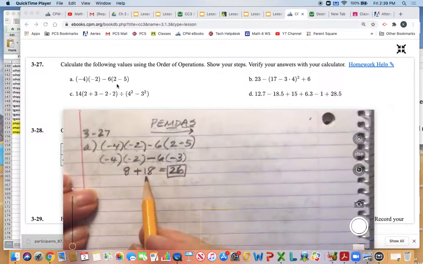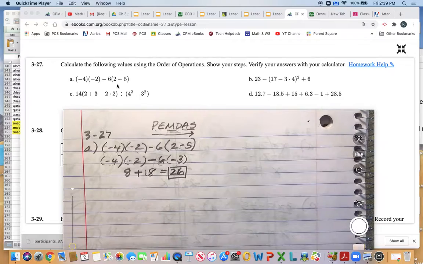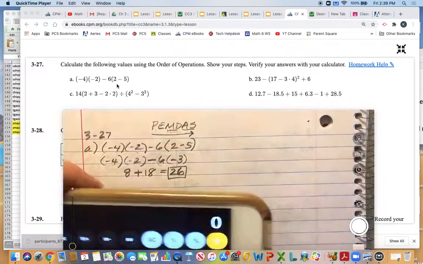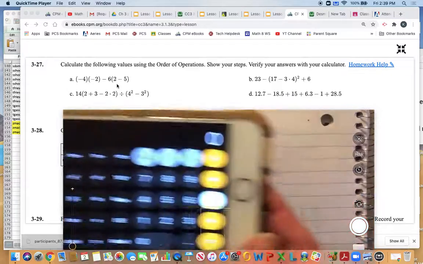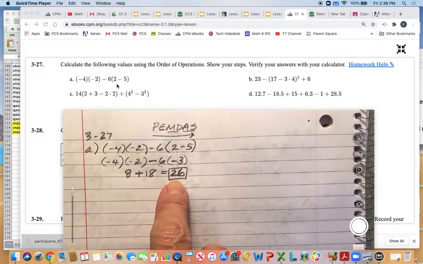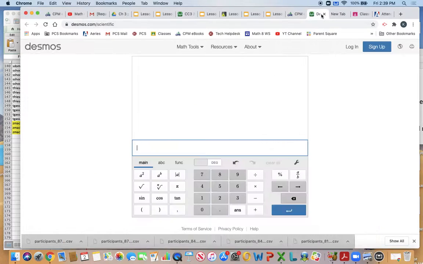And we can verify this by using a calculator. Now, if you use the kind of calculator that you might have on your phone, you're still going to have to be careful about order of operations. But we also have a calculator here in Desmos where we can just put it in exactly the way it looks.